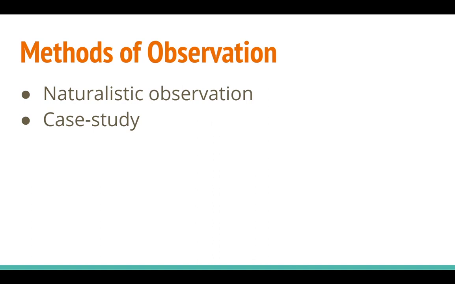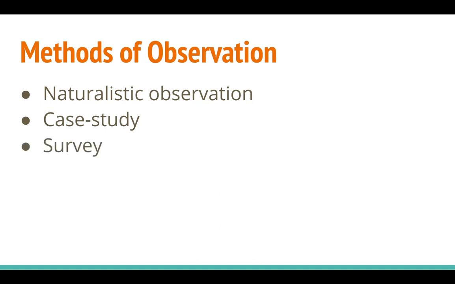You can do a case study. If you look up the story of Genie, she would be a case study, because for ethical or other reasons, there may not be a way to get a big participant pool for whatever you're trying to study. So a case study is a way to examine one person who has what you're looking for. But it's hard to draw broad conclusions when you're just observing one person.